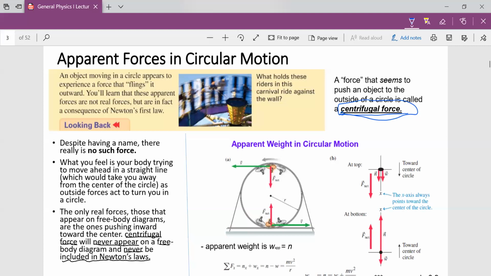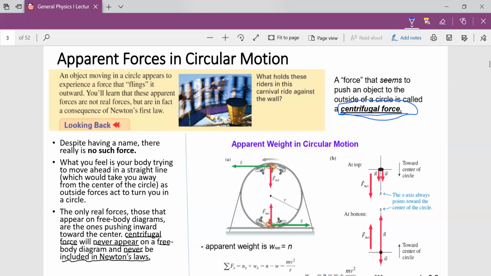And the question is, why are we not being pushed to the center, since that is the direction of acceleration? That is why we want to look at what we call apparent force. That force is not real, despite its name. It is a feeling, just like the apparent weight we've seen earlier.